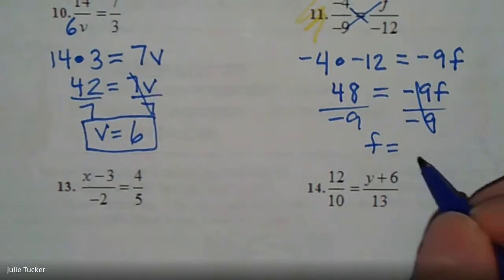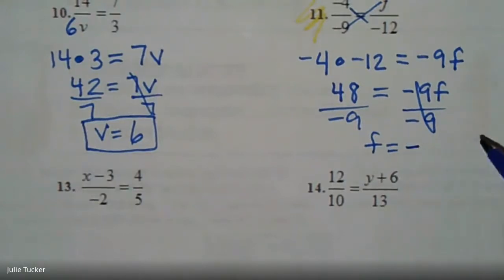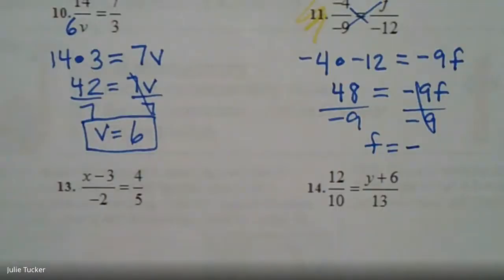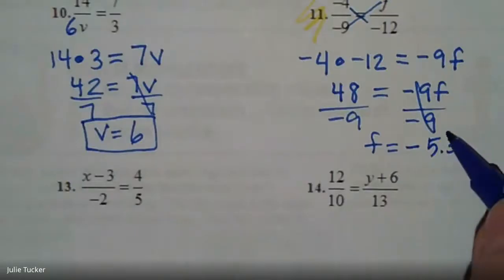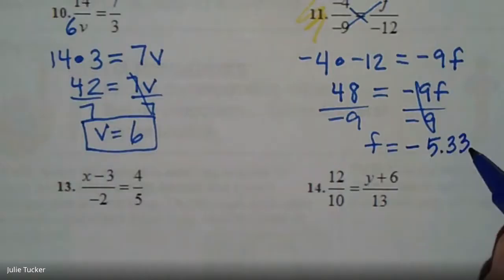Did you get it? Negative 5.3. Oh, okay. So like a 3 repeating. All right. So that's the answer.